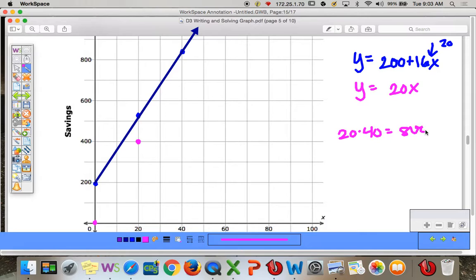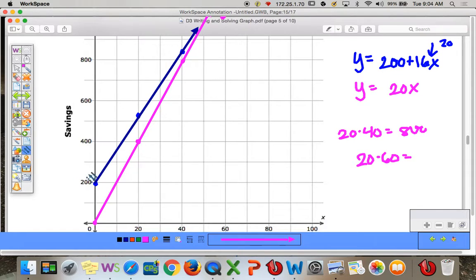Okay, so that'll be 800. So here she's at 800. And let's do 20 times 60. It's 1200. Okay, so that's going to be like way up here. Okay. So mine will not be exact. We can get close.